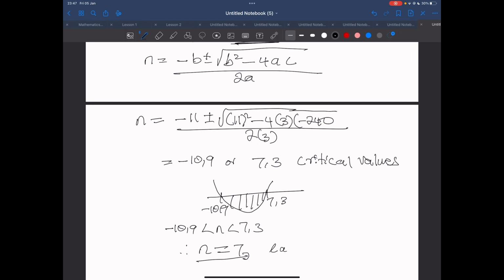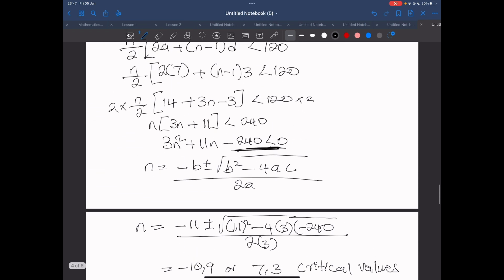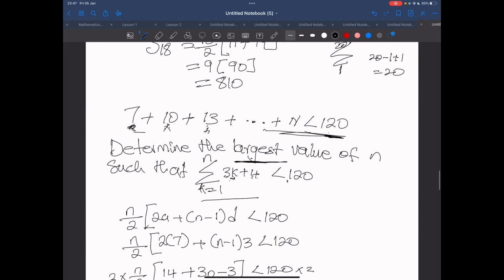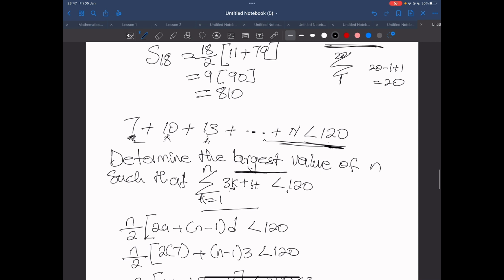Remember, we wanted the largest. So what does that mean? It means if we add 7 terms of the sequence we were given, the answer will be less than 120. You can go and try that on your own and see it for yourself.